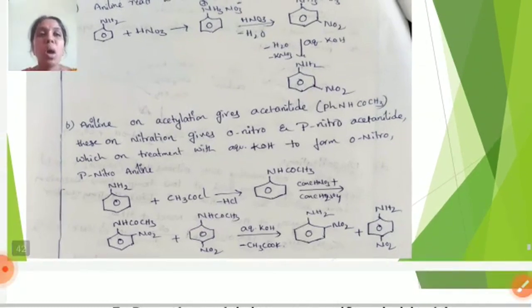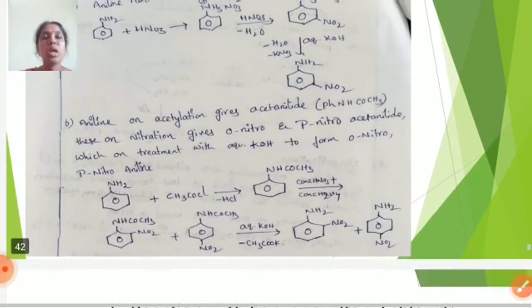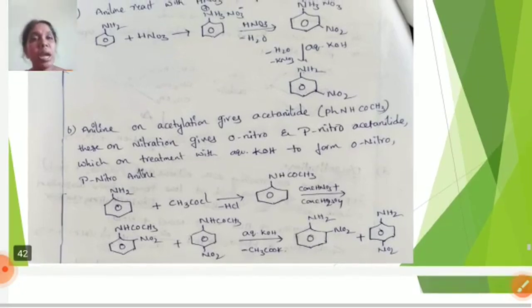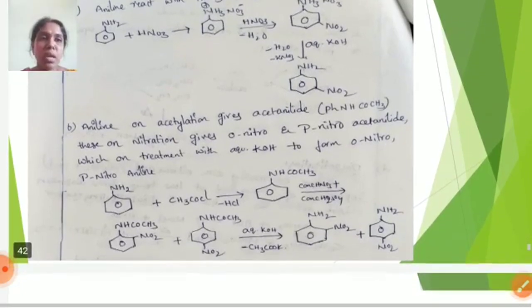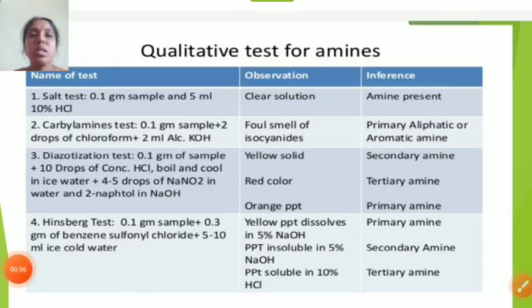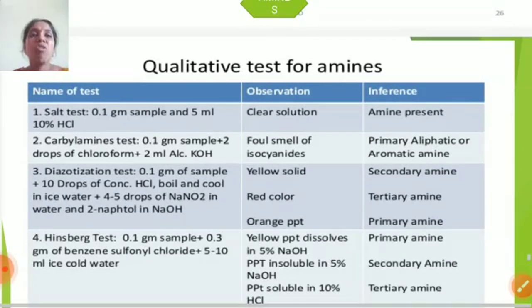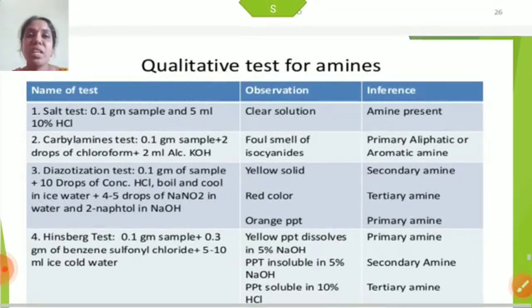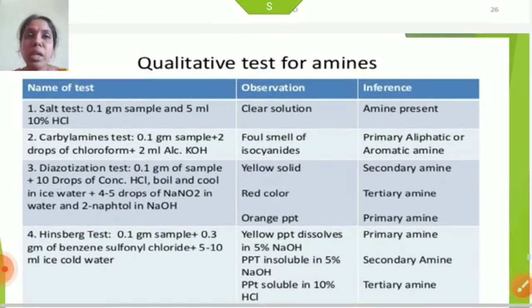Primary amine: C2H5NH2, ethylamine, is a primary amine. It reacts with chloroform CHCl3 plus 3 molecules of potassium hydroxide. On heating they form C2H5NC plus 3KCl plus 3H2O.